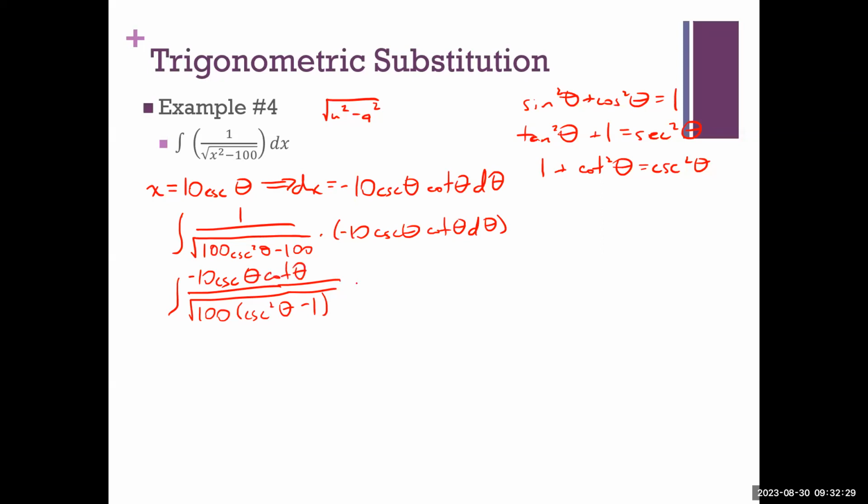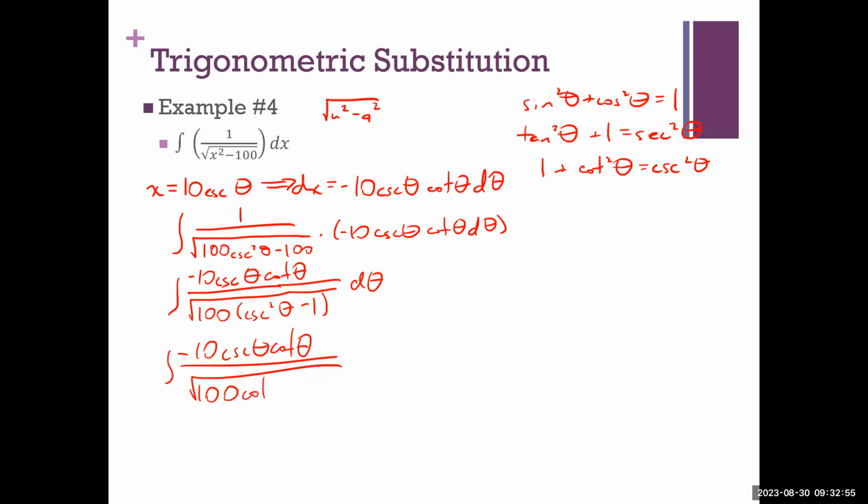Again, I think actually in the book they lean into secant theta, which also works. So now we can use the Pythagorean identity to swap that out. We're going to get -10 cosecant theta cotangent theta over the square root of 100 times what?